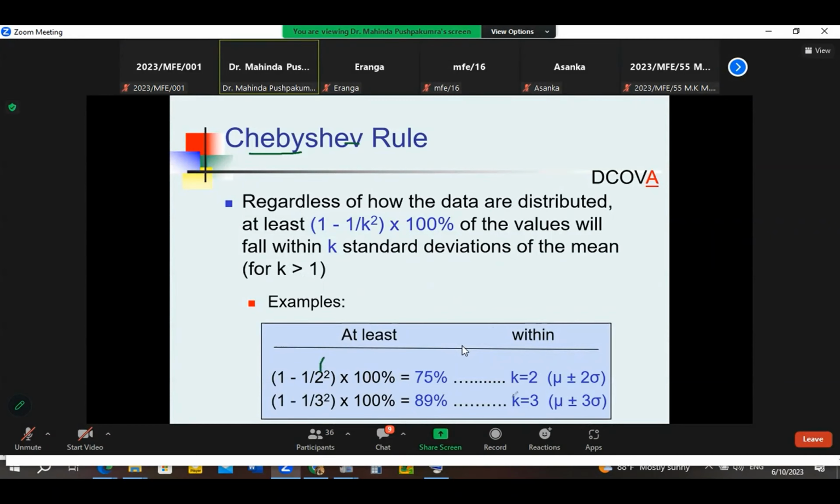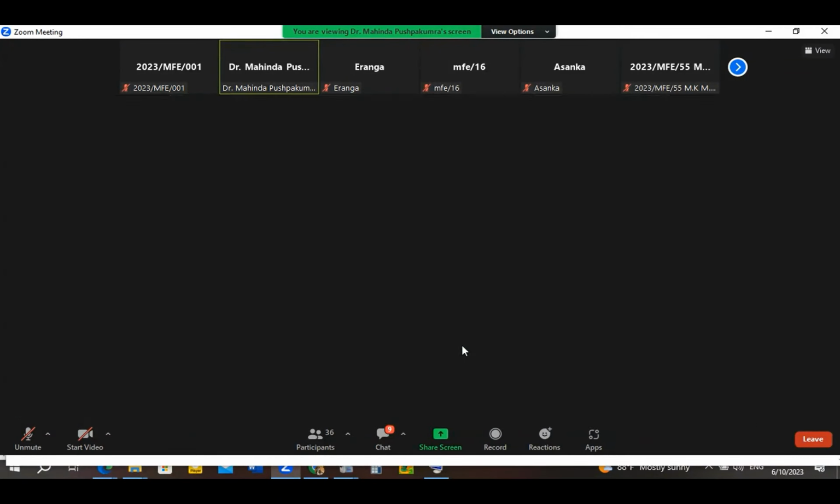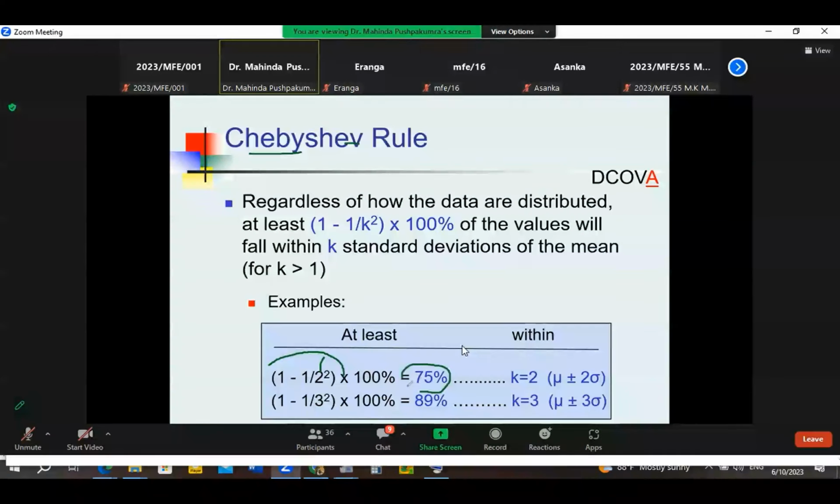Let's say 2 standard deviations. When you simplify this, it is 75%. According to this rule, regardless of whether the distribution is symmetrical, left or right skewed, at least 75% of observations are within 2 standard deviations from the mean. Then 89% of observations are within 3 standard deviations from the mean.